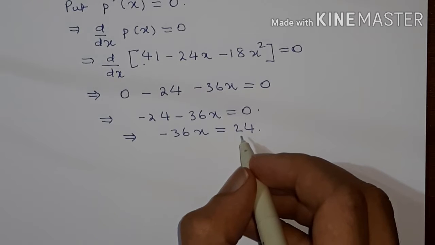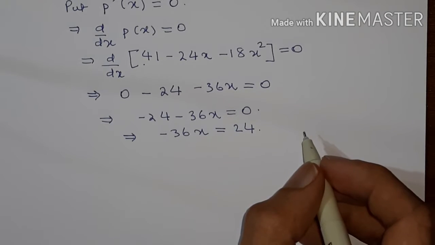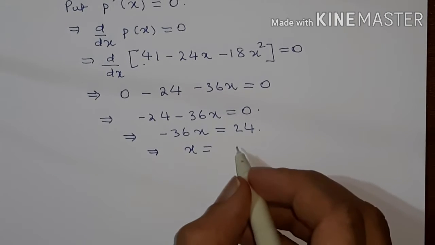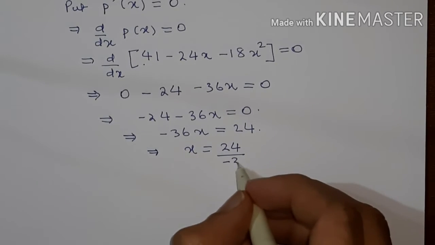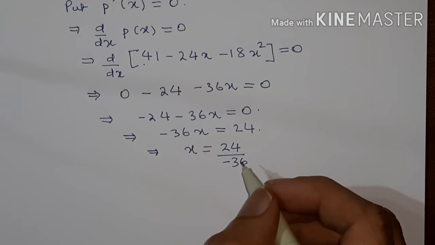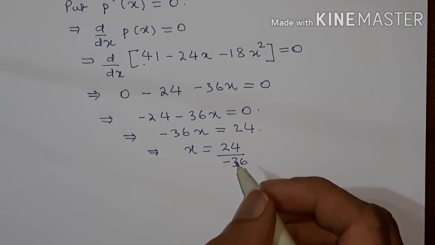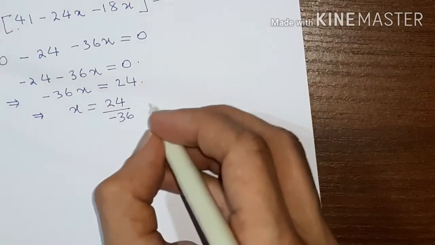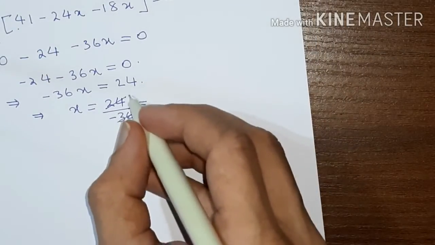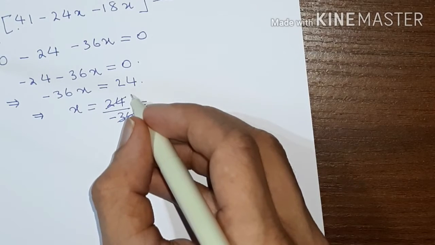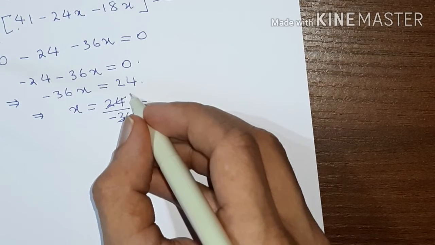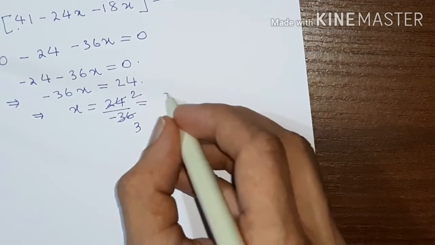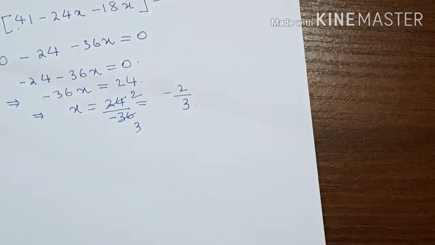So x is equal to 24 divided by minus 36. Cancelling by 12, 12 threes are 36, so you will get minus 2 by 3.